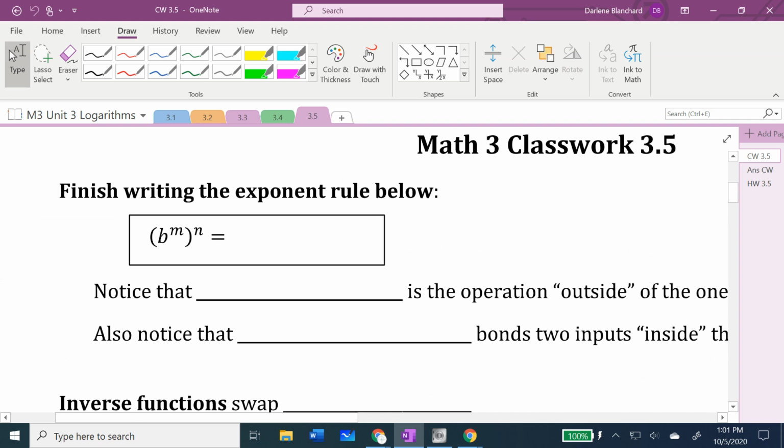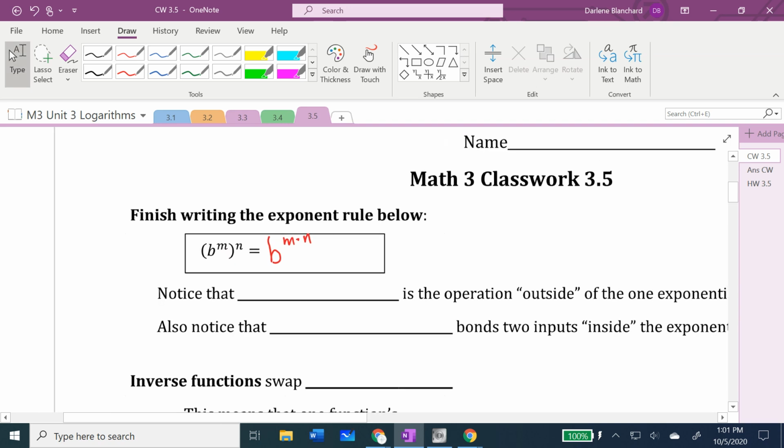So I'm going to write it in here. You multiply the exponents. So now let me emphasize. There is an operation outside, and you are exponentiating. Unfortunately, someone did not come up with a good word to use for this.